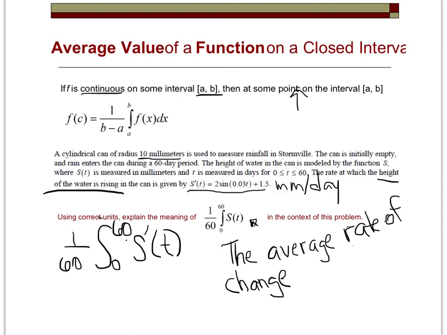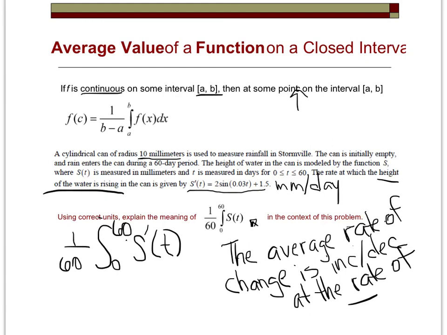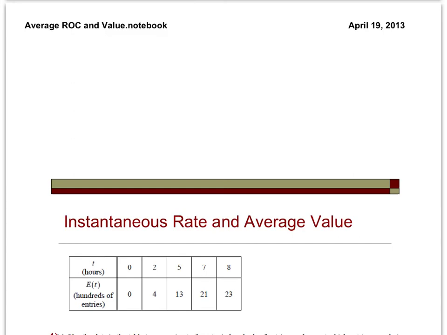So you'd find the average rate of change, and depending on whether you got a positive or negative answer, it is increasing or decreasing at a rate of something in millimeters squared per day. Okay, so this would be the average rate of change is increasing or decreasing at a rate of blank millimeters squared per day. Make sure you understand the difference in that. Many missed that on your test.